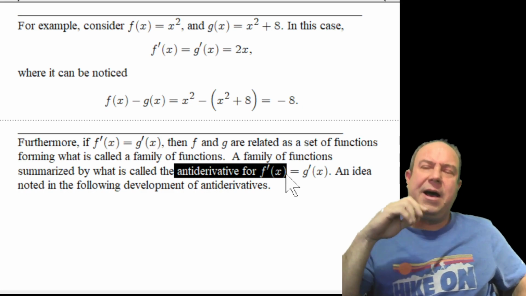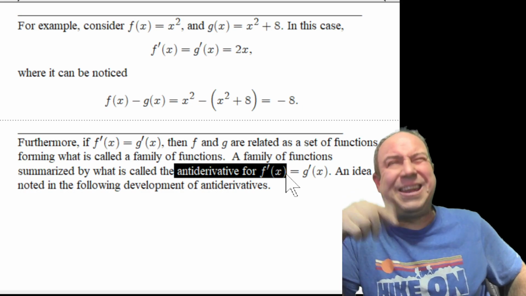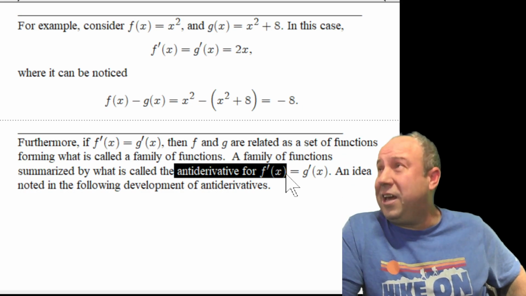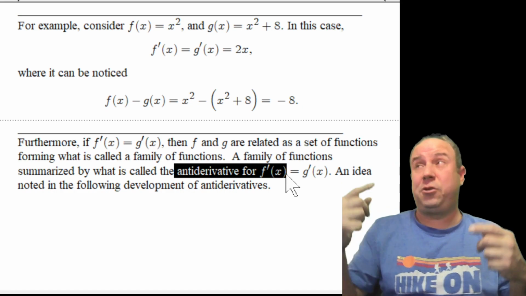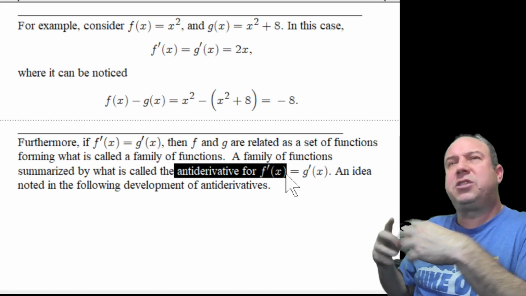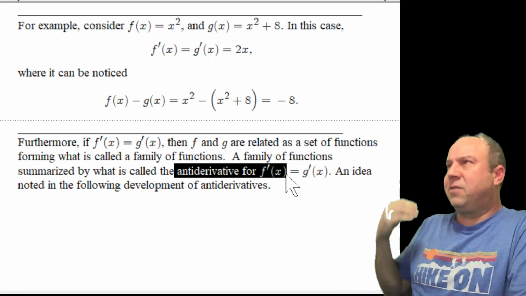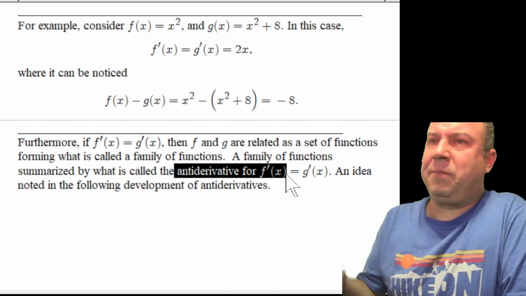And all of Rolle's theorem, the mean value theorem, and these two implications were really just some theoretical development to get us to this idea of the antiderivative of a function being a family of functions.